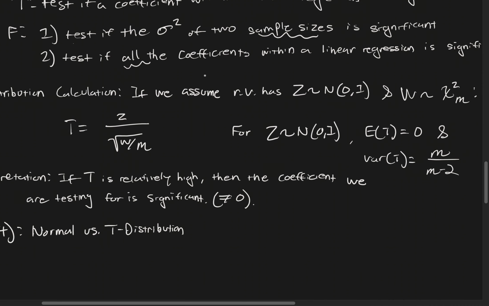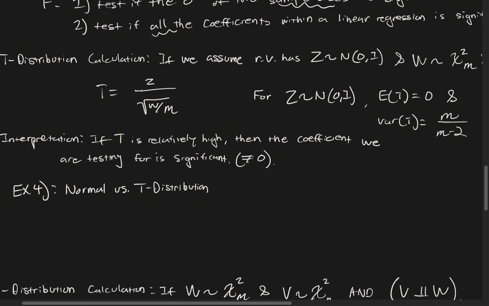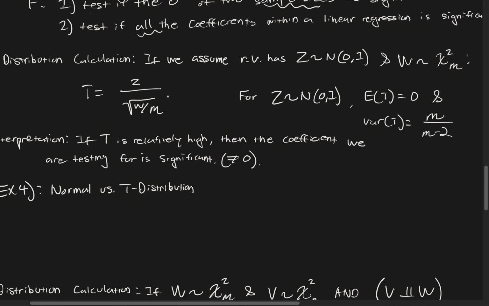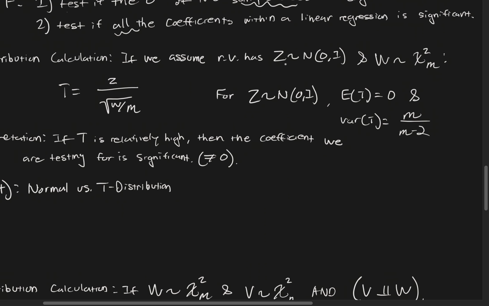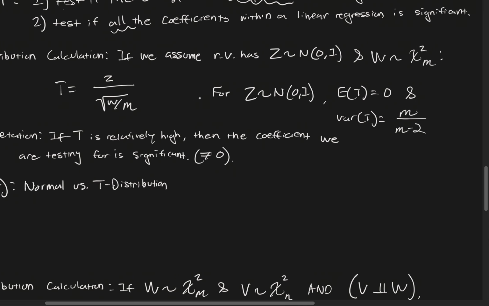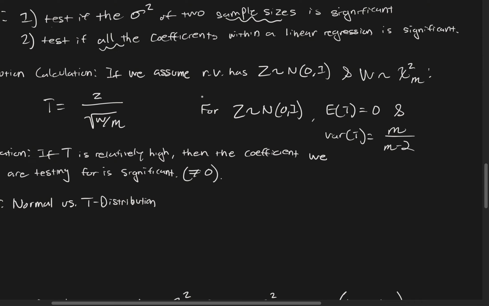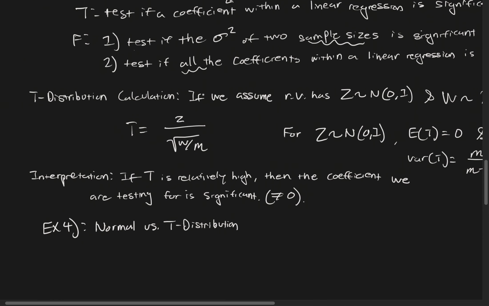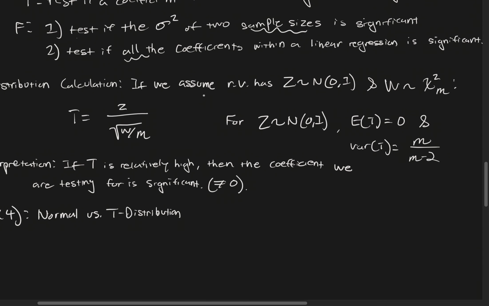All right, so the t-distribution is given by this right here. The z, which is the mu in this case, having a standard normal distribution, divided by the square root of W divided by m, with m being the degrees of freedom and W being the chi-squared statistic.